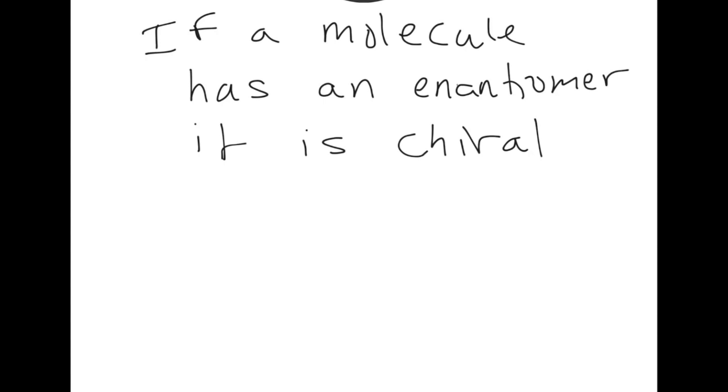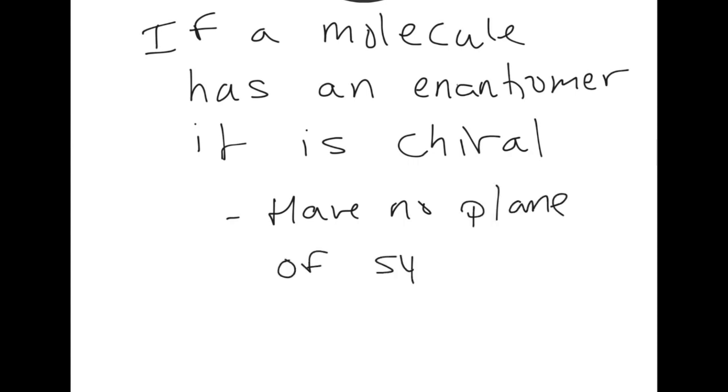So if you have a molecule that has an enantiomer, that whole molecule is considered chiral. Chiral molecules have no plane of symmetry. There's no way that you can draw a plane through your molecule that is going to have symmetry across that plane.